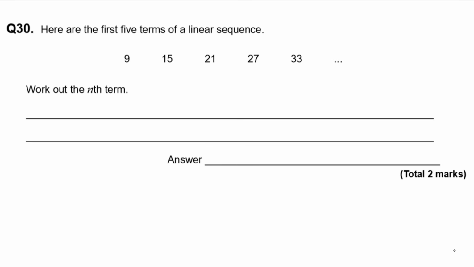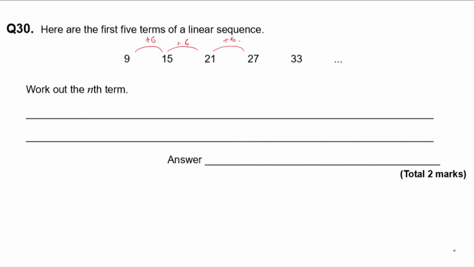Question 30, here are the first 5 terms of a linear sequence. We've got 9, 15, 21, 27, 33. Work out the nth term. Right, so to find the nth term of a linear sequence, all we really need to do first off is find the common difference. So 9 to 15 is plus 6, as is 15 to 21 and 21 to 27.